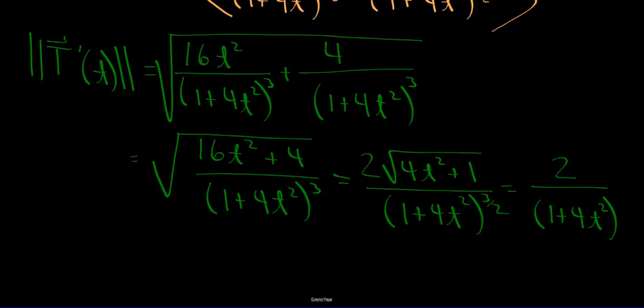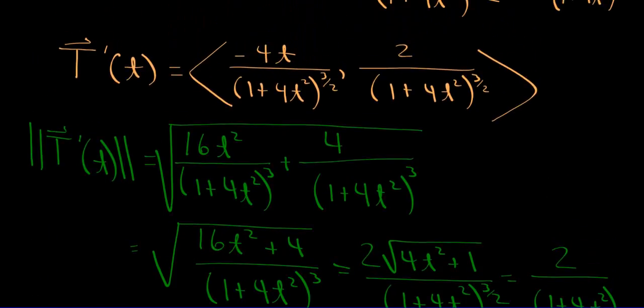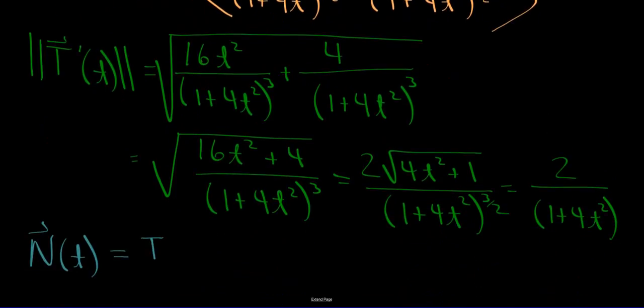Now, let's go back and talk about the principal unit normal vector. Let me get a new color here. So remember, this is going to be T prime over the magnitude of T prime.